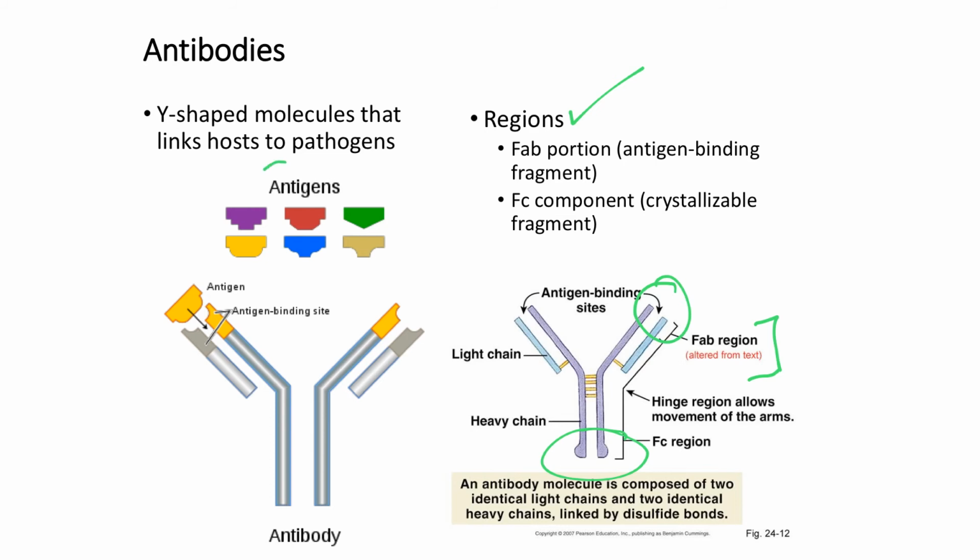So here we have antigens of varying shapes and the corresponding antigen binding sites. Remember, the closer they are in shape, so here this yellow antigen is very close in shape to this portion of the antibody, those things can bind.